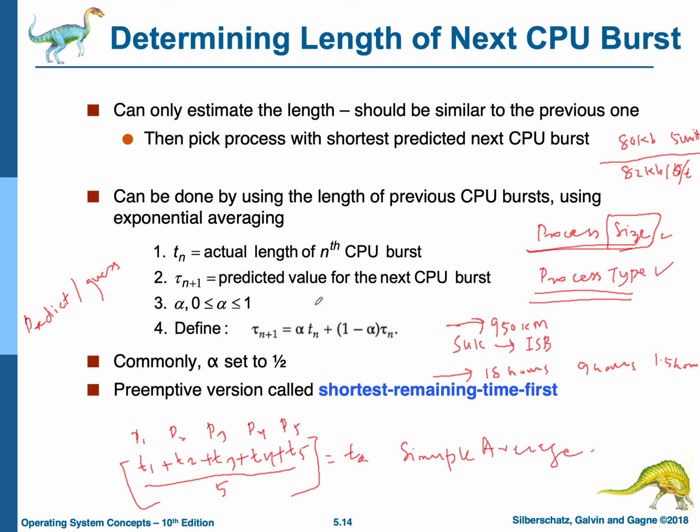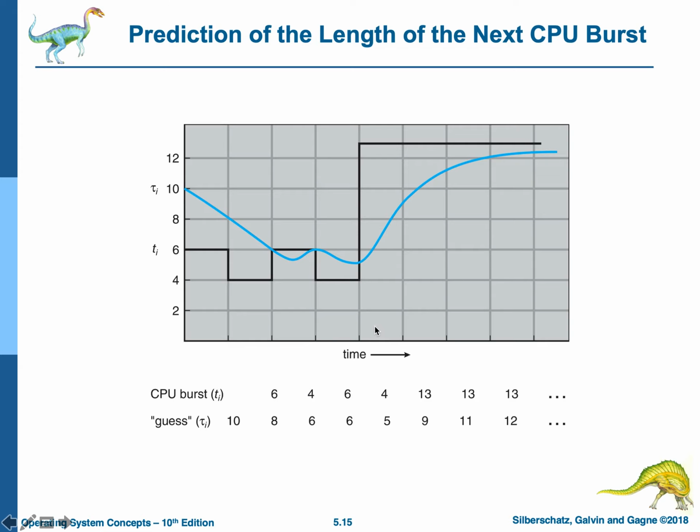Simple average, and we also have an exponential average. We are keeping the average count of every previous job, right? So this is the exponential average. Okay, we see this is the CPU burst, and this is the case, right?